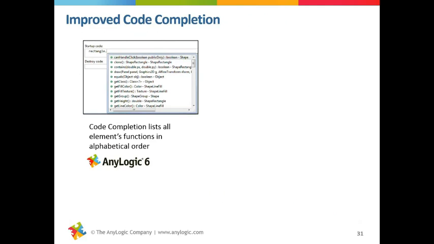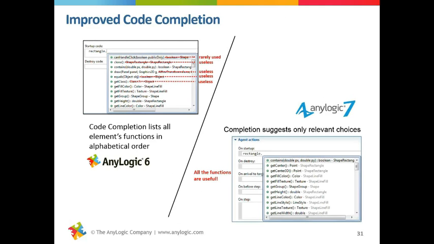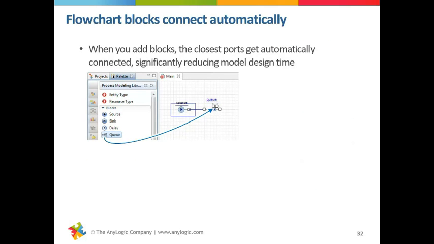There is improved code completion. In AnyLogic 6, oftentimes the first code completion options were useless or rarely used. In AnyLogic 7, more relevant choices appear first. Flowchart blocks connect automatically.